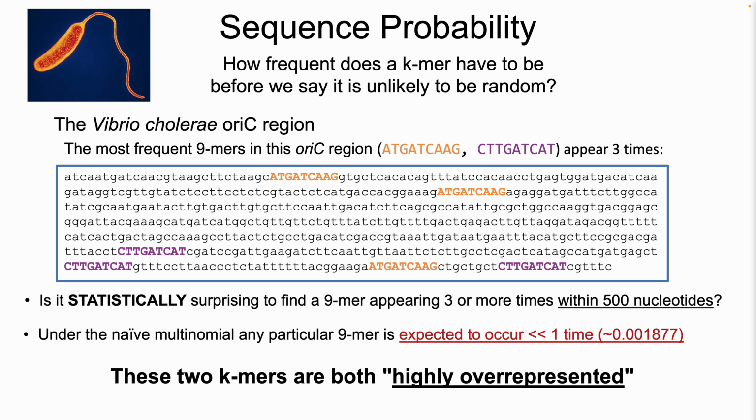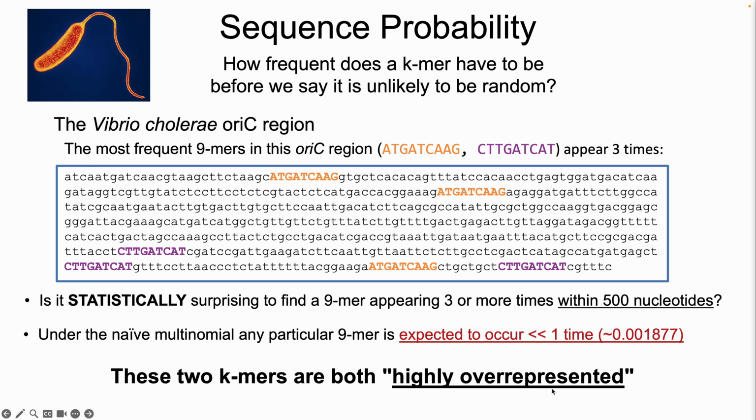It's not worth digging into, hopefully ringing a bell for some of the data science people. So under the naive multinomial, any particular 9-mer is expected to occur way less than one time.